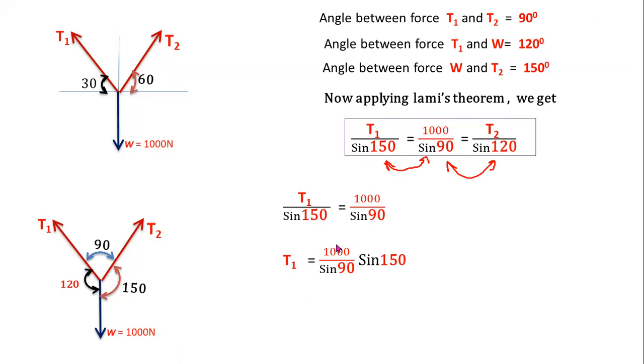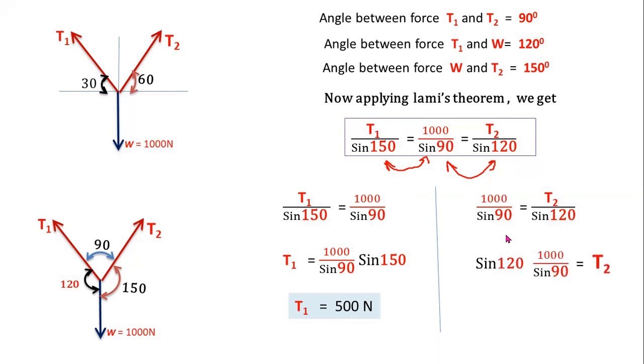From this equation, T1 equals 1000 divided by sine 90 into sine 150 degrees. So the tension in the string T1 equals 500 newtons. Now you have to consider these two equations as they are. Apply cross multiplication. From this equation, T2 equals 866 newtons. This is the final answer for this problem.